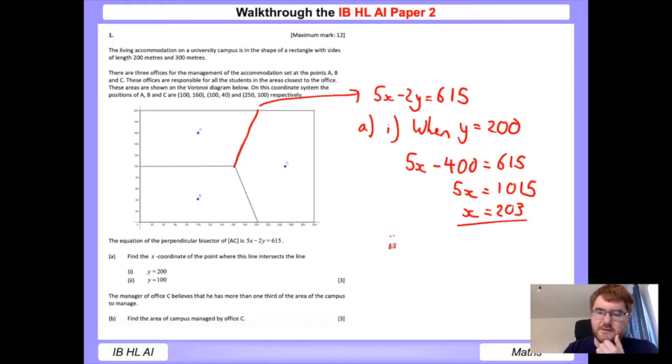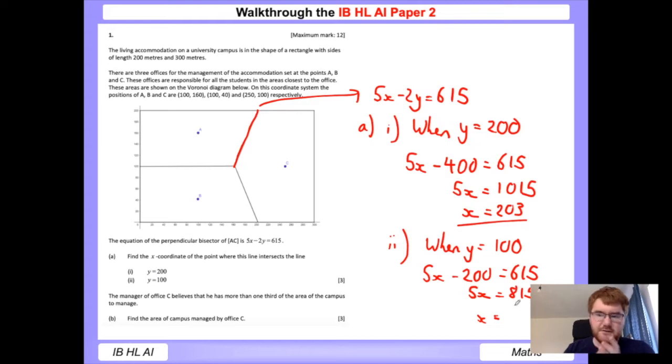Then for part 2, when y is 100, we pop that in, so we get 5x minus 200 equals 615, 5x is equal to 815, x is equal to, and if you do this on the calculator, you'll get 163 as your answer.